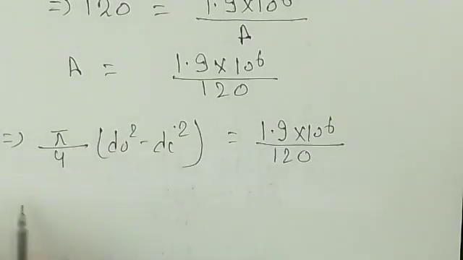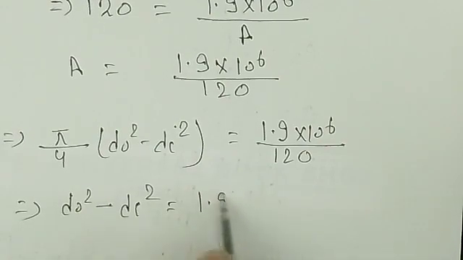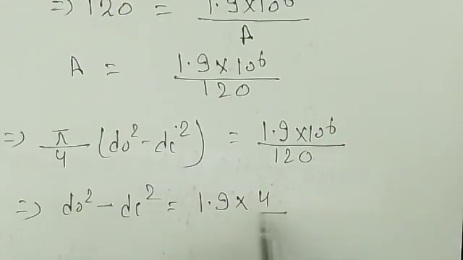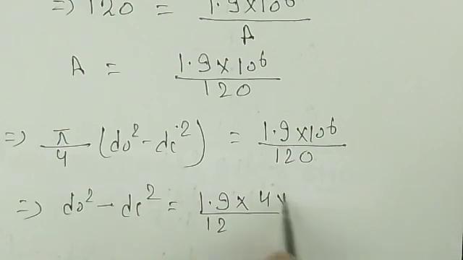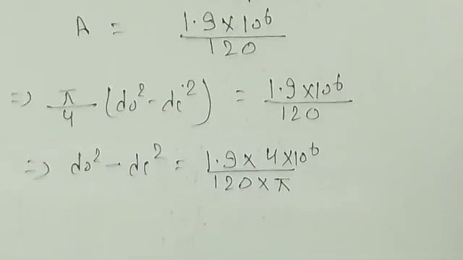The column is hollow, so the area of the column is pi by 4 into D naught square minus Di square, equal to 1.9 into 10 to the power of 6 by 120. Cross multiplying, D naught square minus Di square is equal to 1.9 into 4 into 10 to the power of 6 by 120 into pi, right?